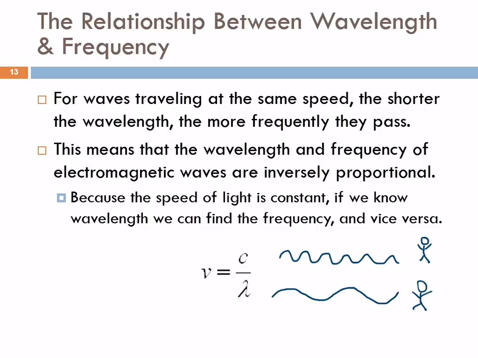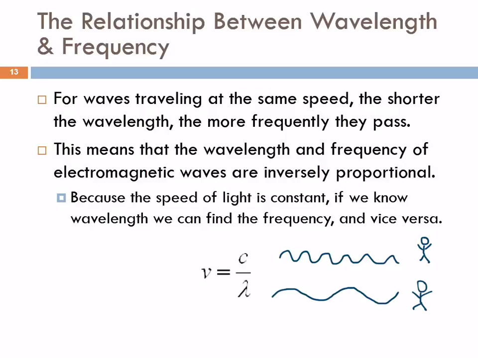So the frequency is related to the wavelength. Short wavelength, high frequency. Long wavelength, low frequency. The frequency is equal to the speed of light, usually represented with a lowercase c, divided by the wavelength. All light travels at the same speed.